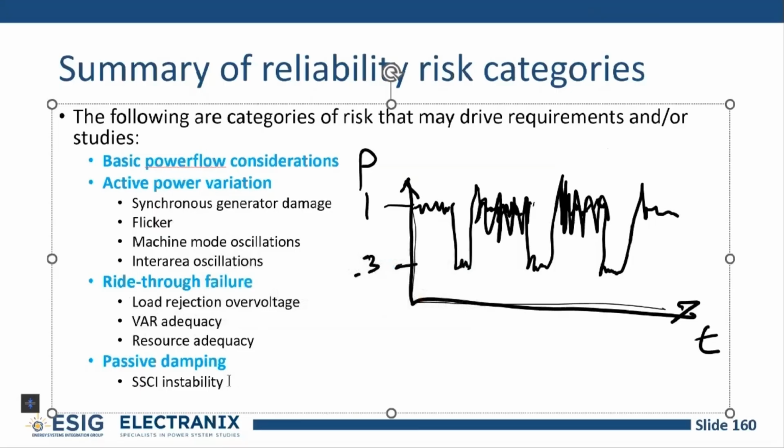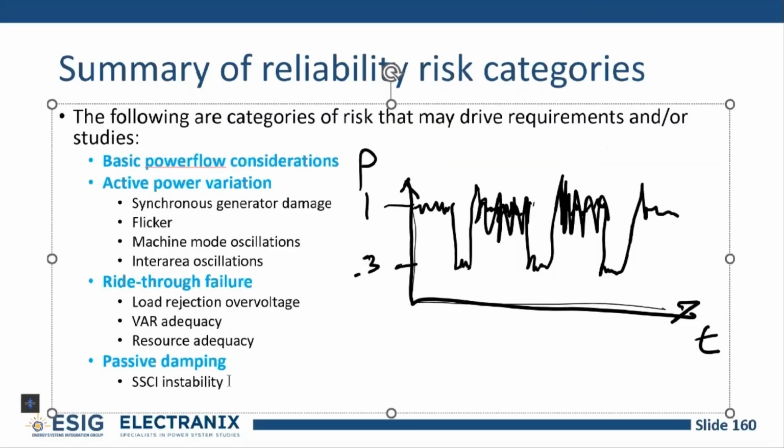And then passive damping. Those of you who've been in the IBR world near series compensators or series capacitors know that we're quite worried about the damping characteristics of controllers, of electronic interfaces. These are also voltage source converters in some cases.